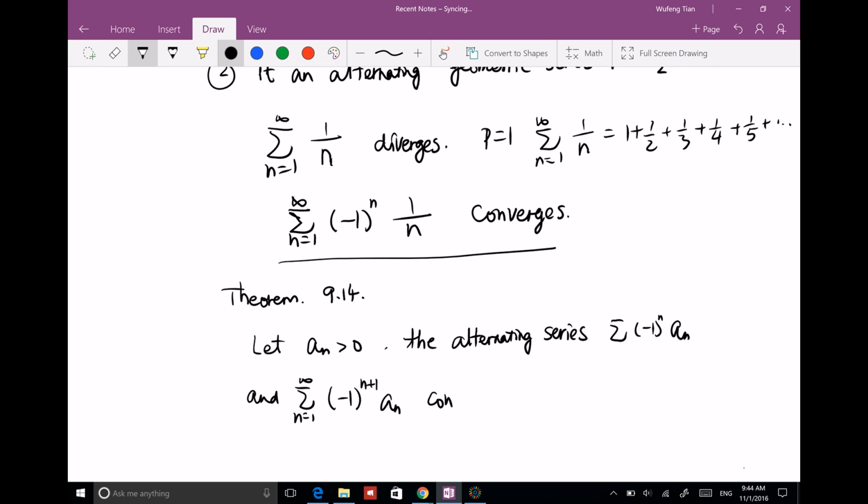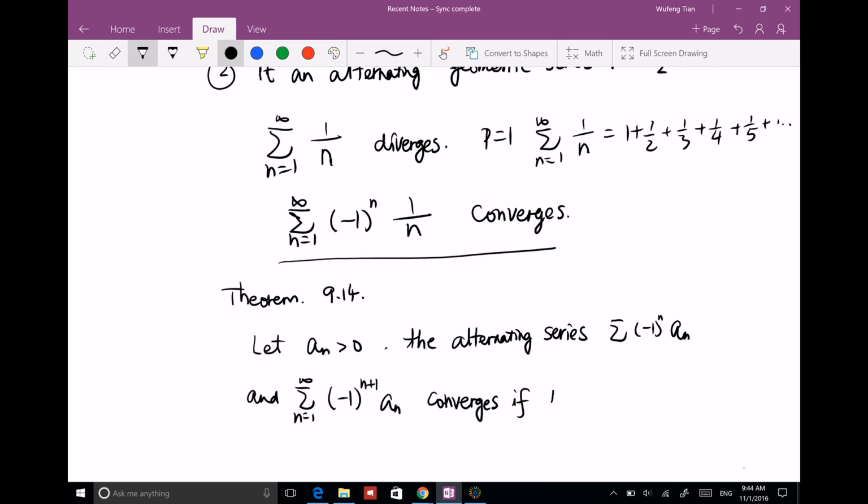Well, this means the n plus 1 in the power does not really change, as long as the sign alternates. The first one positive, negative, or the first one negative, positive, it doesn't matter too much, okay? But it has to be an alternating series.